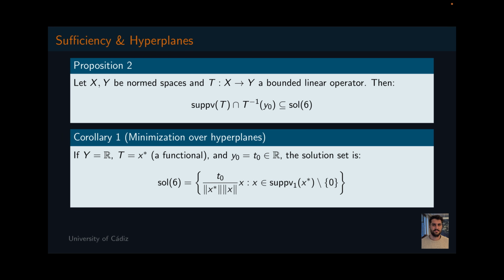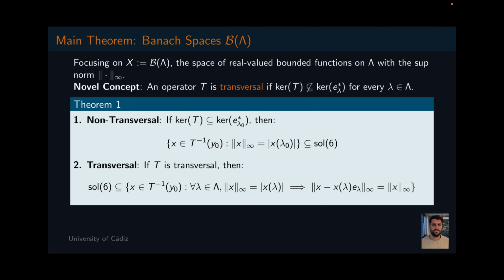This isn't just an approximation, it provides a direct, exact algebraic formula for calculating the minimum norm element in one shot. Now we arrive at the core theoretical contribution of our work.